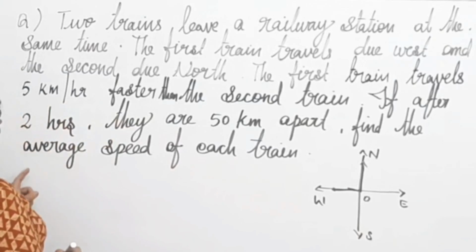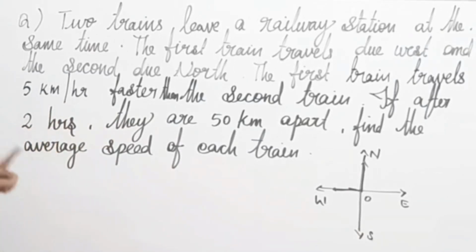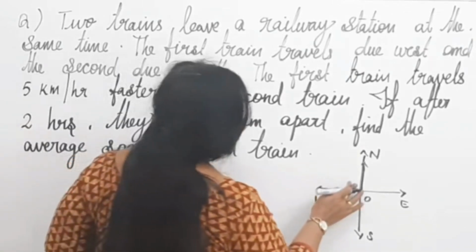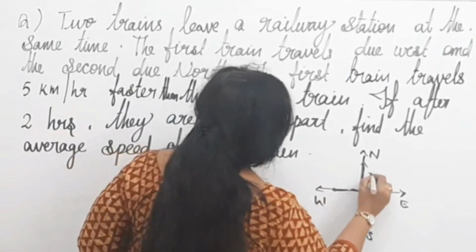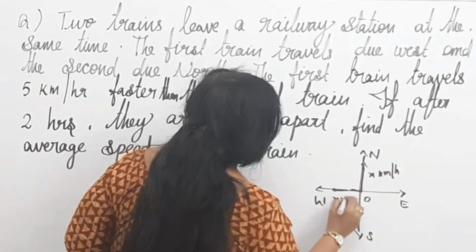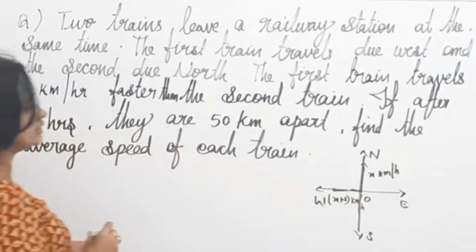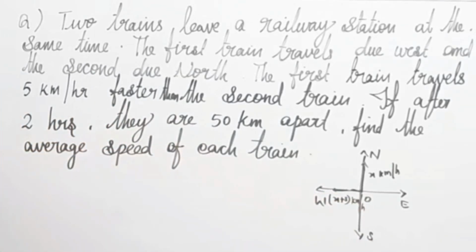And the first train travels 5 km per hour faster than the second train. So the speed of this train is x km per hour, but this one is x + 5 km per hour, because it is 5 km per hour faster than the second train.